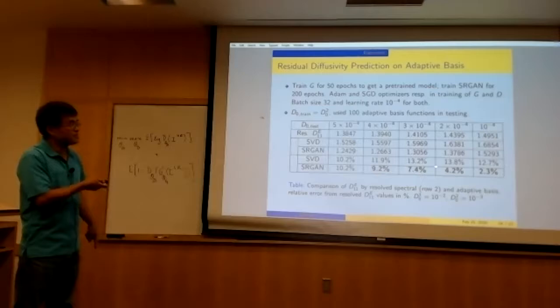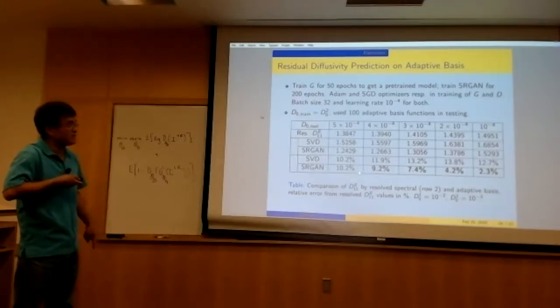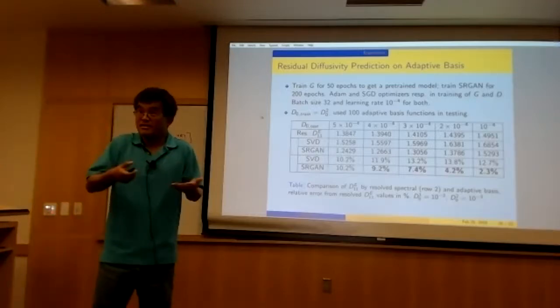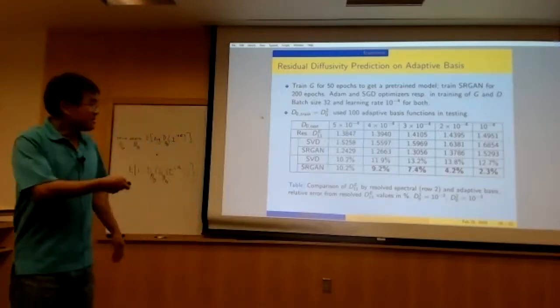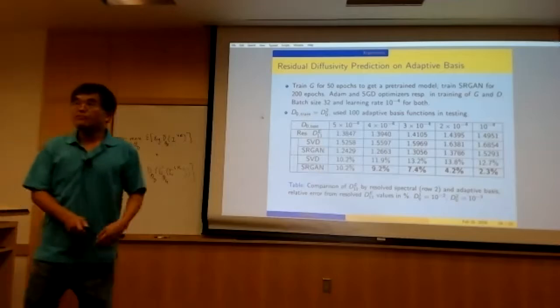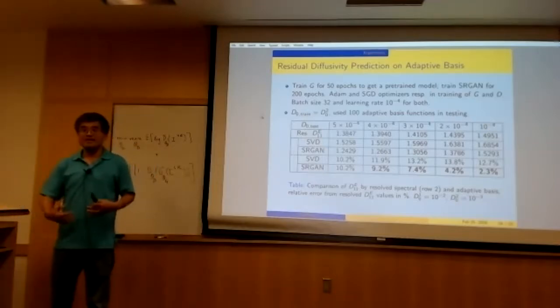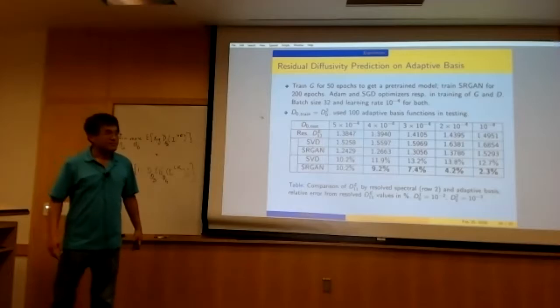But look at this SRGAN, the errors actually go down amazingly. And that's because we modeled the sharpening of the structures. So this, I think, is something. The deep networks, taking more observation, can do a better job.